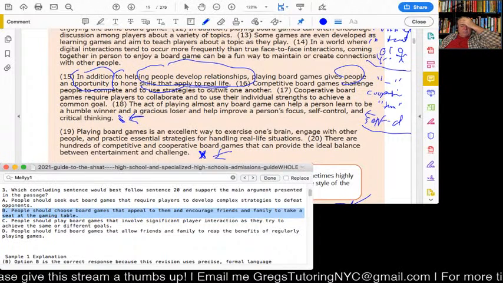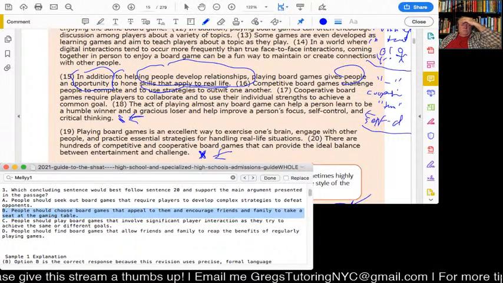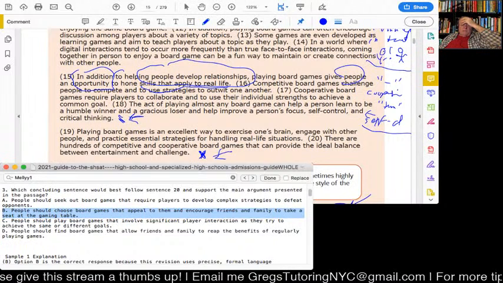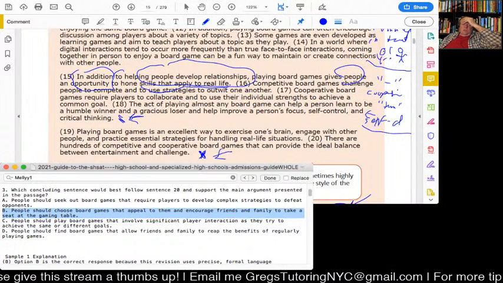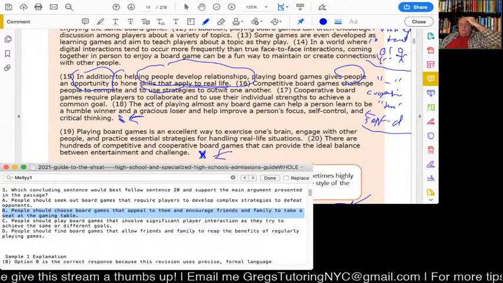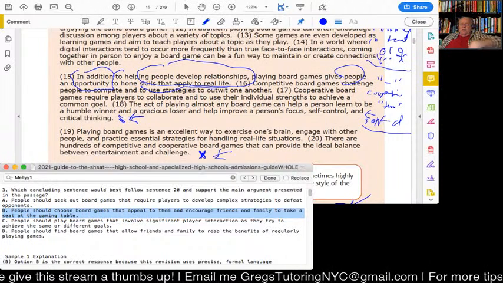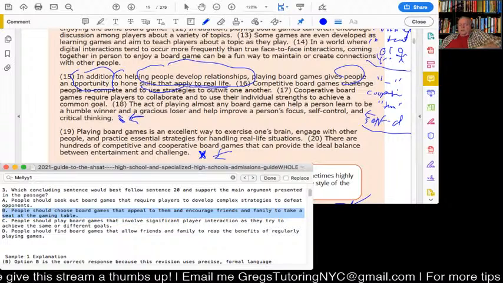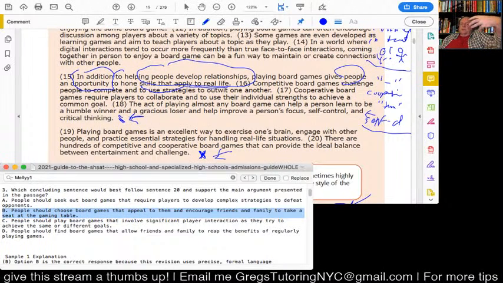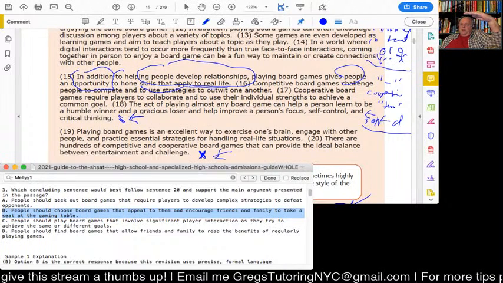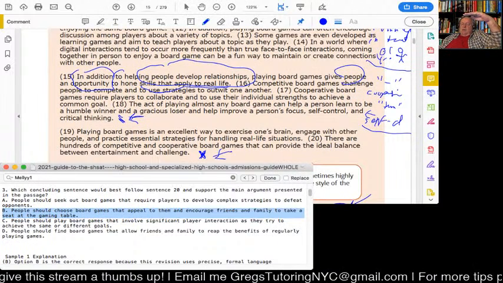Any thoughts on that? It's definitely a hair splitter. The good news is that if you were able to rule out A and C, you're down to 50-50. So in the worst case, you've gotten yourself to the hair splitter line. And the question is, how do you get past the hair splitter?